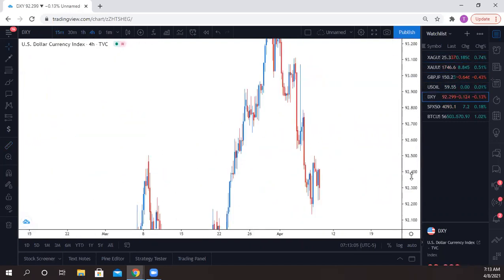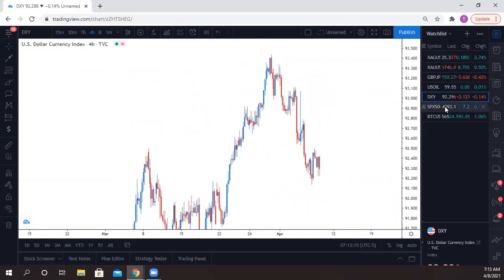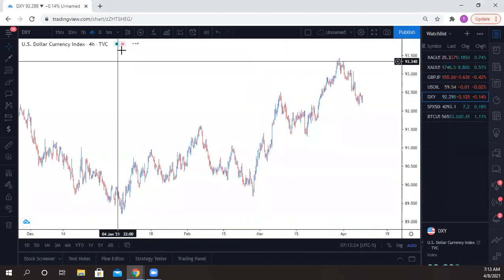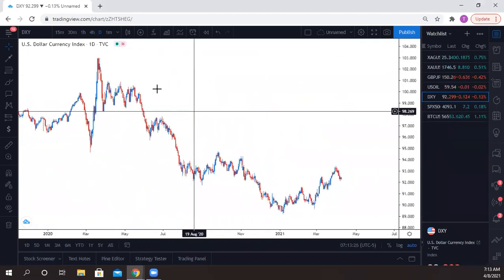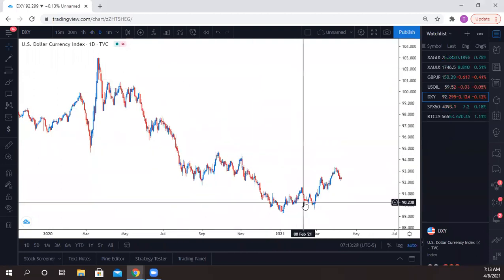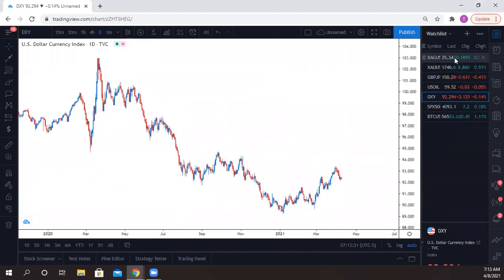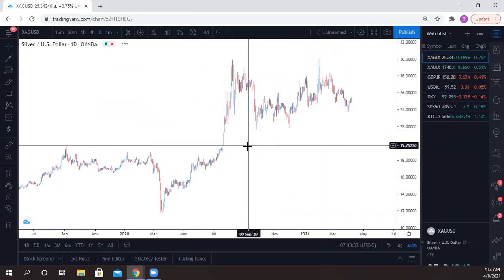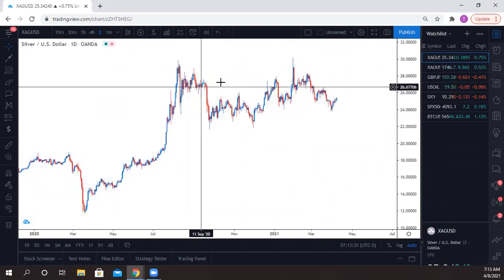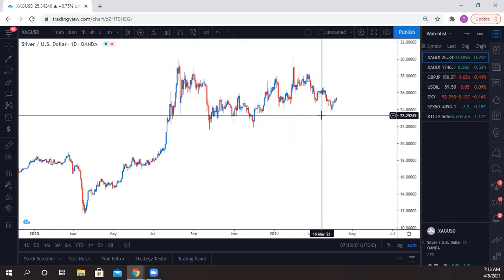Now, looking at the dollar, just in regards to gold, I've talked about this long term, I like to track the higher time frame price action on the dollar. Because if you look at the dollar on a daily, it's just been running kind of straight down, and then we've had a bounce on the daily. And if you look at silver or gold on the daily, they've had a long-term run up and a bounce on the daily to the downside.